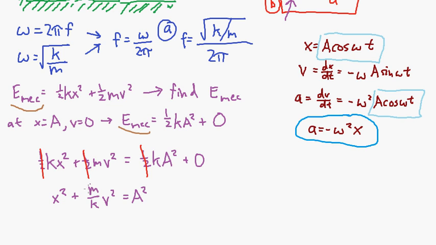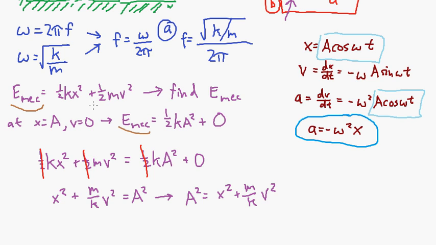And m over k, I think we can recall, is 1 over omega squared. So however you want to do this, you can go: A squared equals x squared plus m over k times v squared. I'm really doing this for my own amusement.